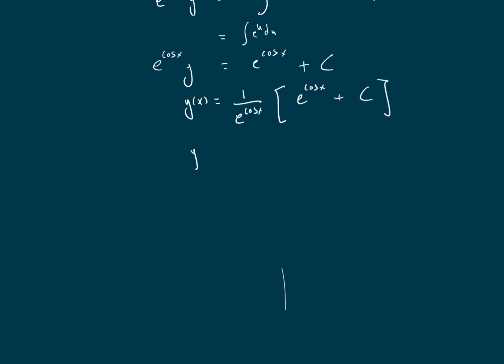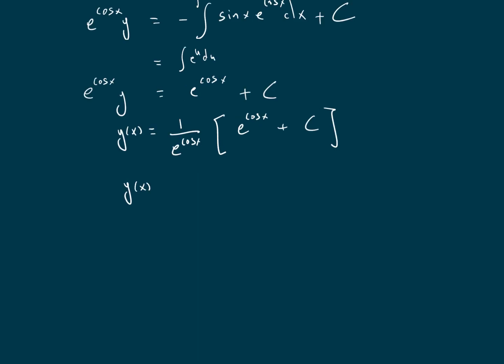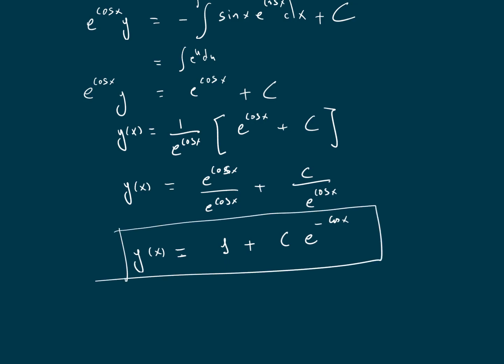So y of x will be e^cos(x) divided by e^cos(x), which is 1, plus c divided by e^cos(x). So y of x will be 1 plus c e^(-cos(x)).